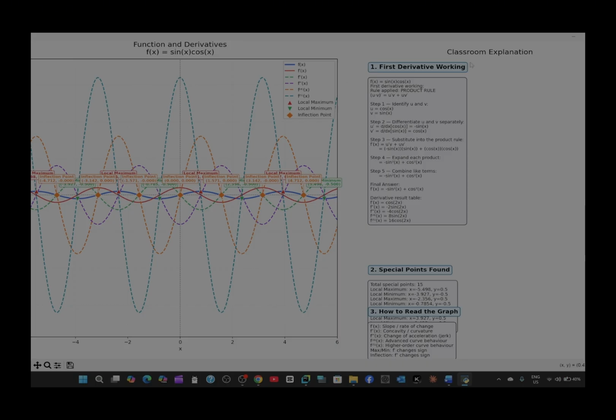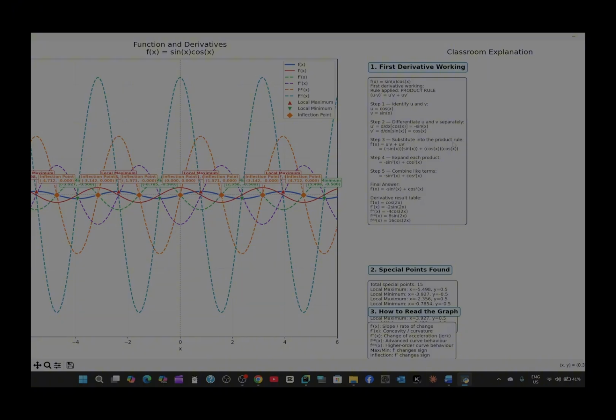Further, how to explain the working. This one will explain a bit more in detail. For the function f(x) equals sine x times cos x, the first derivative working means using the product rule, u'v plus uv'. Step one, identify u and v. u is cos x, v is sine x. Step two, we differentiate u and v separately. u' means cos x gives you minus sine x, and sine x gives you cos x.